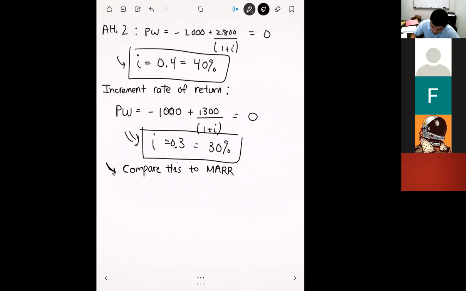Remember, our MARR for this problem is 10%. Since the incremental rate of return of 30% is greater than 10%, we should go with the higher cost option, which in this case is option 2.